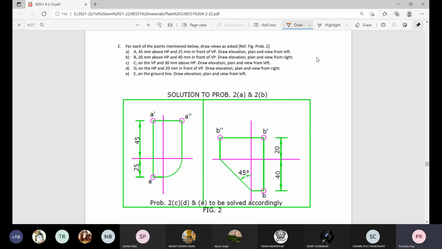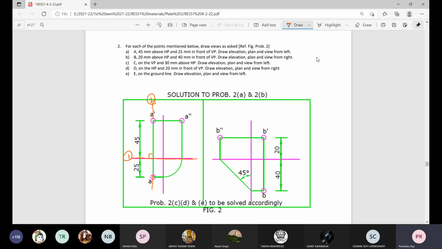First step, you draw this XY line. Second step, you draw a thin vertical line perpendicular to this XY line.